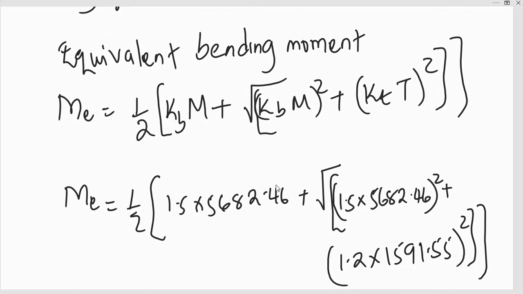I know the equivalent bending moment has to be calculated. According to the maximum principal stress theory, ME is equal to a half into KB M, whereby KB is the fatigue factor in bending and M is the maximum bending moment experienced in the shaft, plus the square root of (KB M) squared plus (KT T) squared, everything under root.